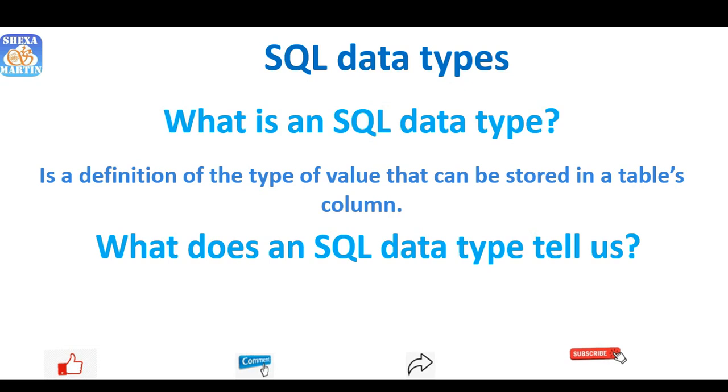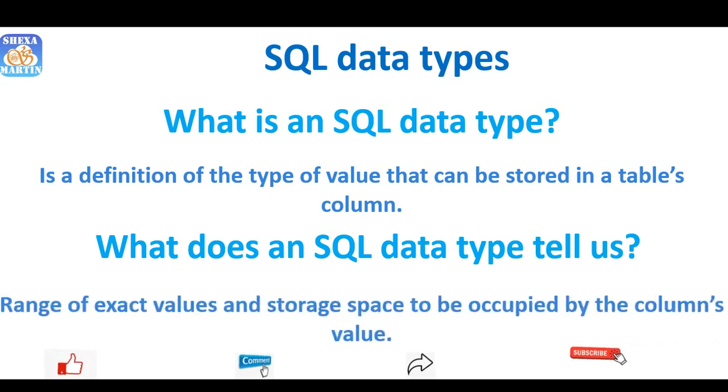So a data type also tells us the amount of space to be used by the column, or by the variable, or by any object that we are defining. So a data type tells us the range of exact values and the storage space to be occupied by the column's value, in relation to databases and warehouses.